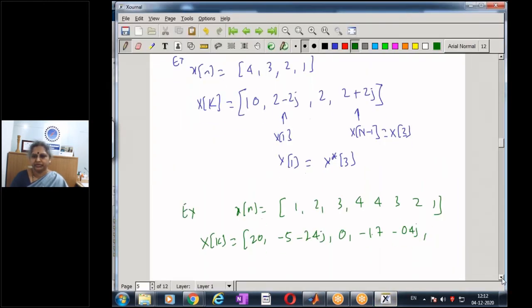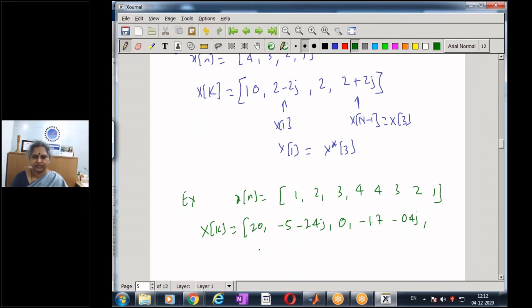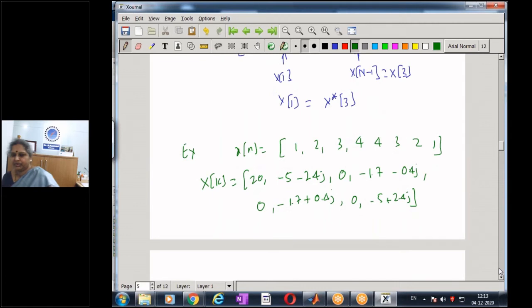So we have it as a 0, then minus 1.7 plus 0.4j, then a 0, minus 5 plus 2.4j. So this is what we have, the 8-point DFT of a sequence.